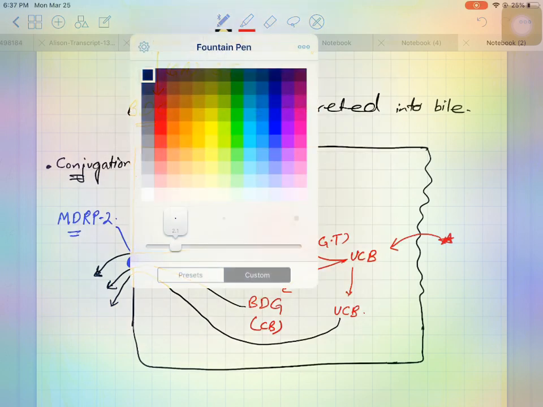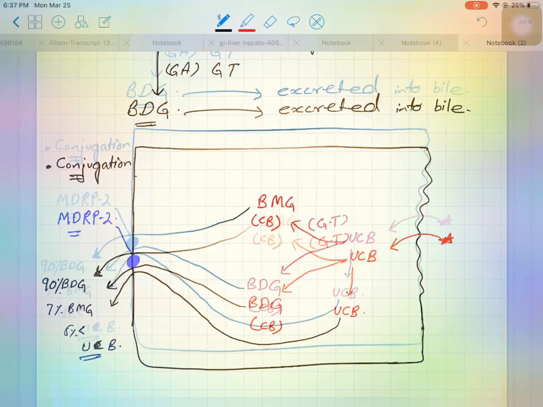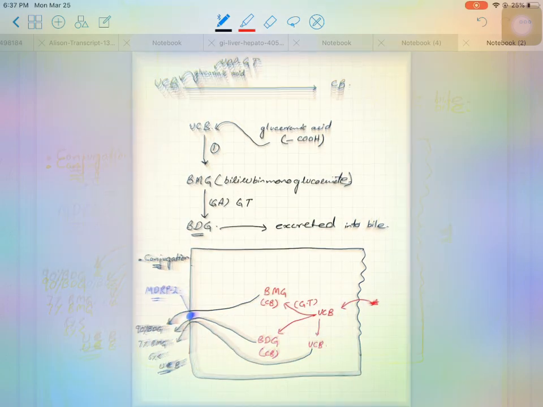Approximately, we can say that 90% of the excretion is bilirubin diglucuronate, 7% is bilirubin monoglucuronate, and less than 5% is unconjugated bilirubin. So this is about the conjugation and excretion.